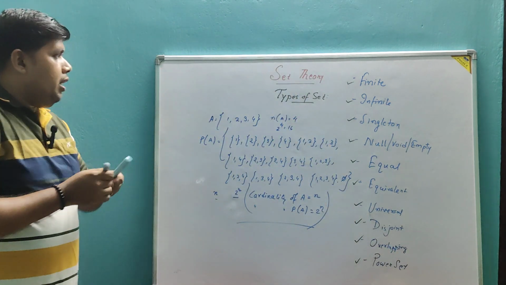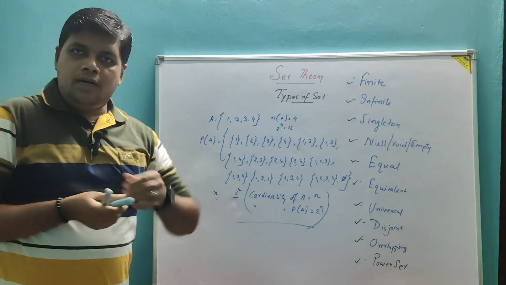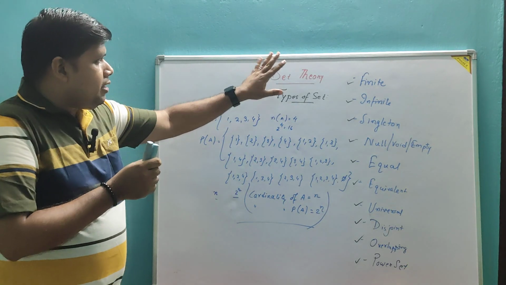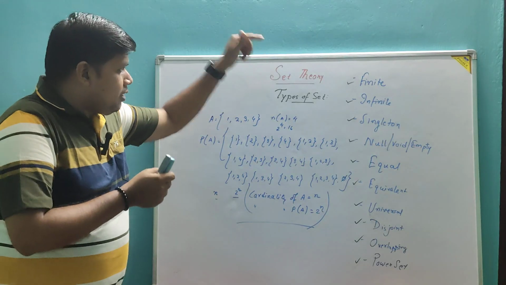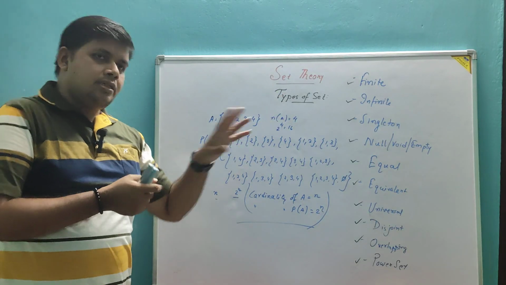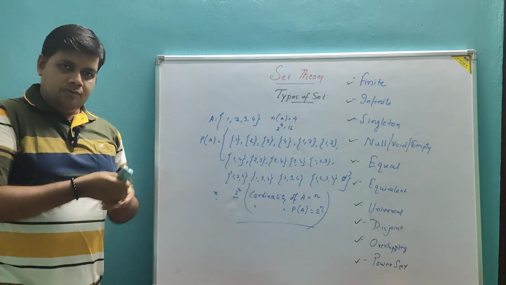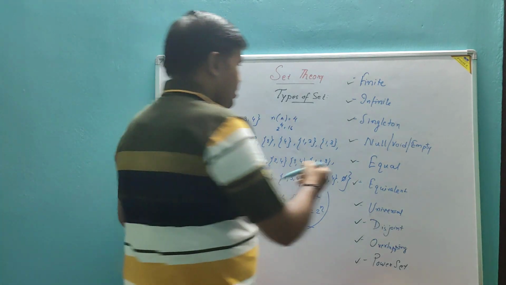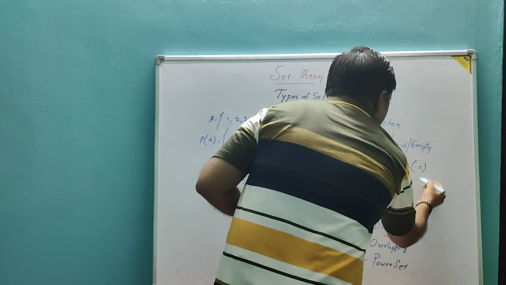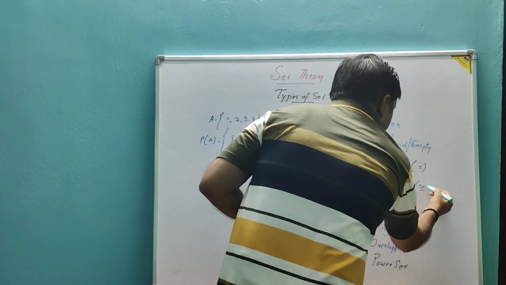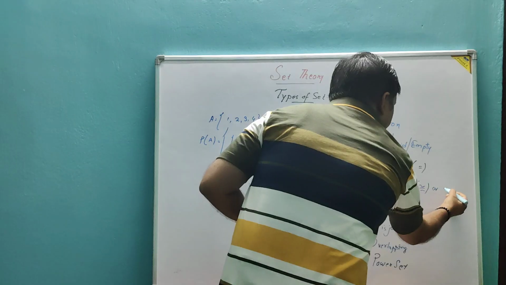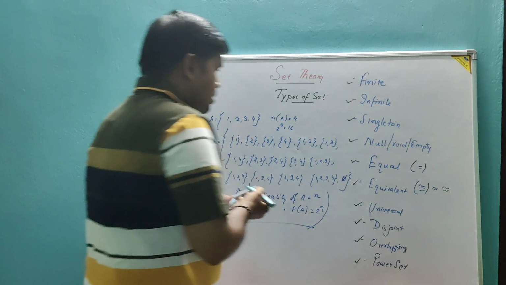I hope the types of sets are clear. In this video we have discussed the different types of sets: finite set, infinite set, singleton set, null set, void set or empty set, and equivalent set. Equal set is represented by the equal symbol, whereas equivalent set is represented by a different symbol.